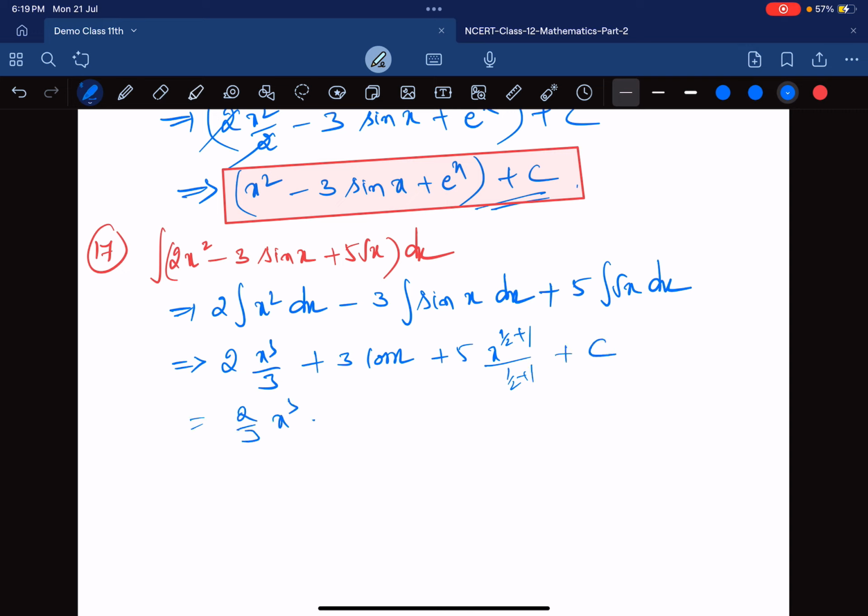So 2 by 3 x power 3 plus 3 times cos x plus, 3 by 2 becomes 2 by 3, so 10 by 3 x power 3 by 2 plus c. This is the final answer.